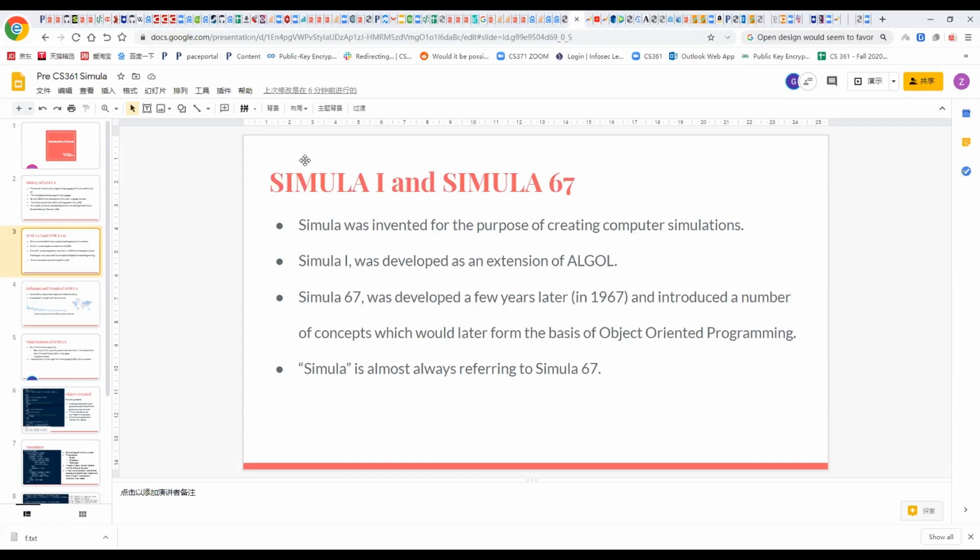The second version of the language, Simula 67, was developed a few years later and introduced a number of concepts which would later form the basis of object-oriented programming. This version of the language was hugely influential in the development of several other languages, as well as the whole discipline of computer programming and language design in general.